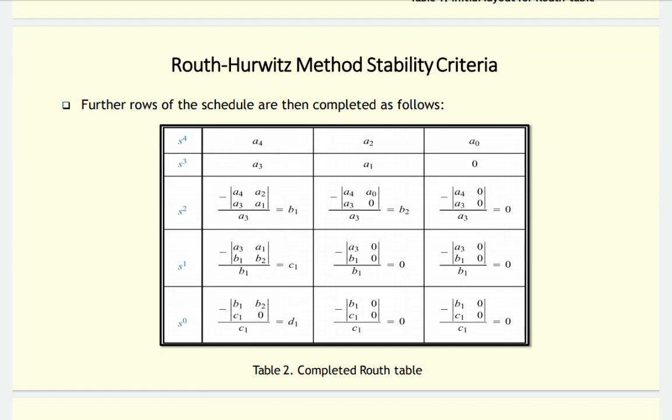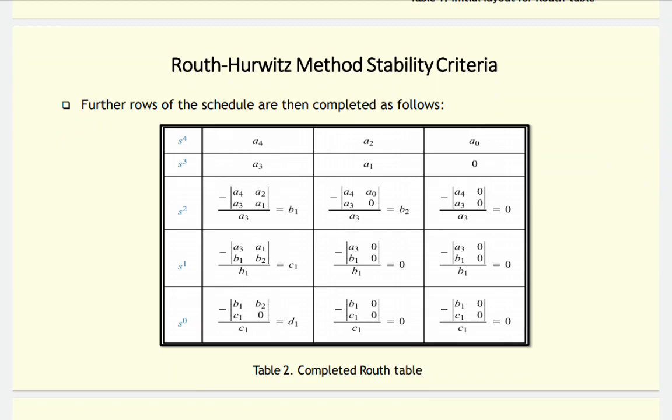Similarly, the second element for s to the power 2 is minus of determinant a4 a0, row wise, then next row a3 0, divided by a3, that is b2, and then another element will be minus of determinant a4 0, then a3 0, divided by a3, that is 0.